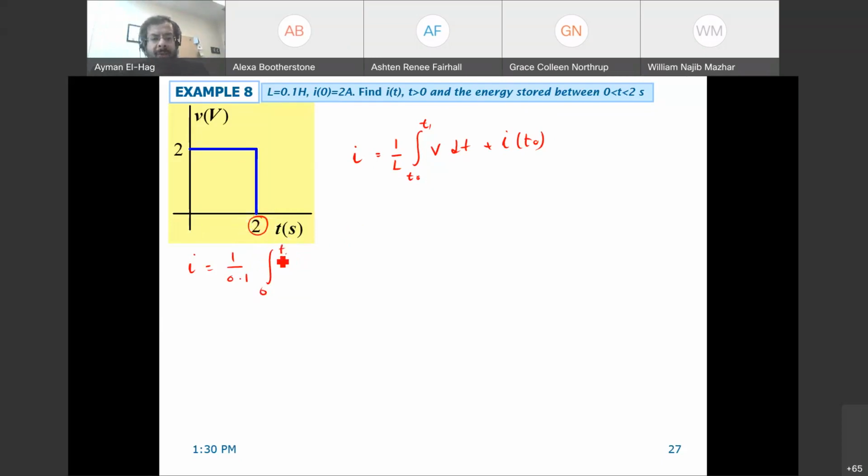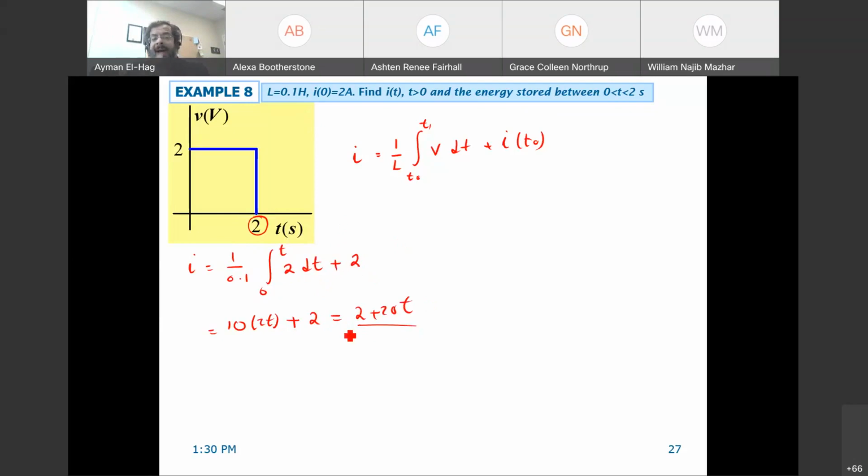So from 0 to T, this is 2 dt plus my I of 0 here, which is 2. Okay, so this is 10 times 2t plus 2, or it's equal to 2 plus 20t. So this is your current.